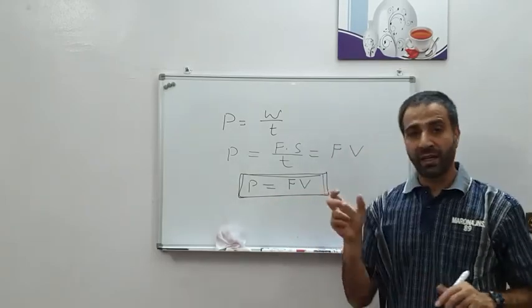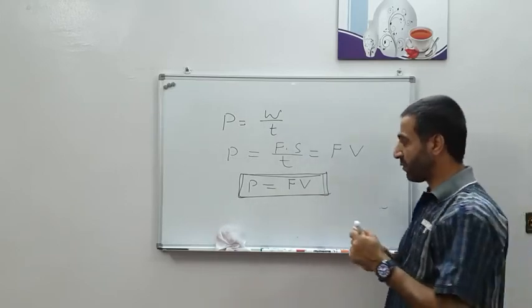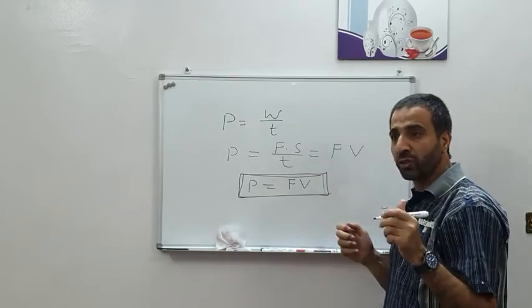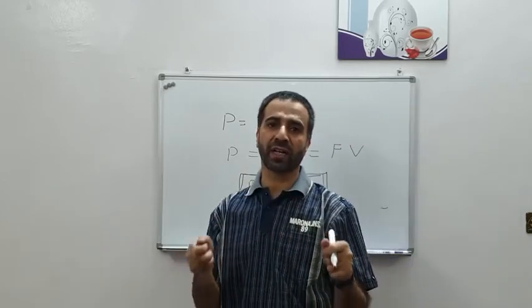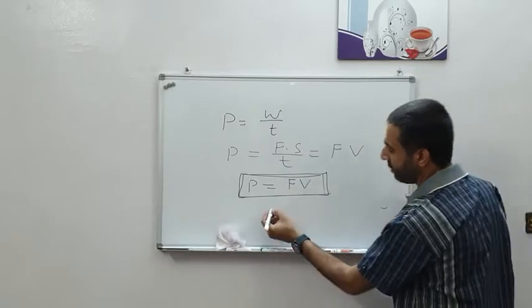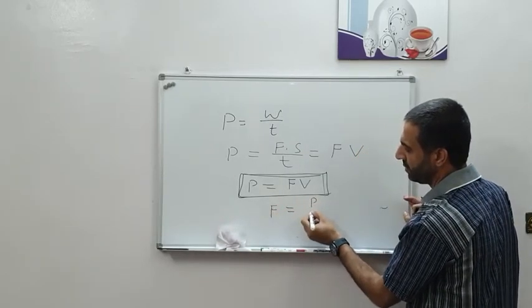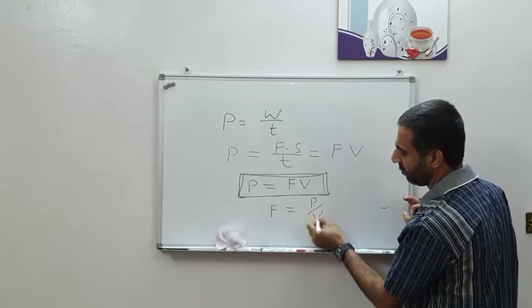So even if you know the power of your engine, and this is very interesting, if you want to know how much force your car engine produces during your drive, right? Force is power divided by velocity.